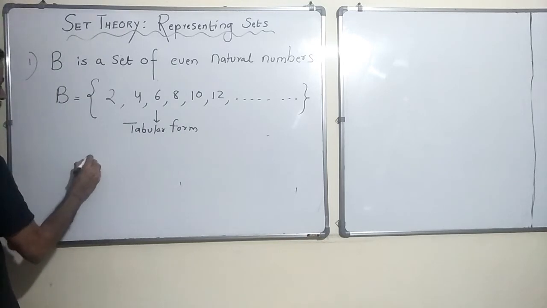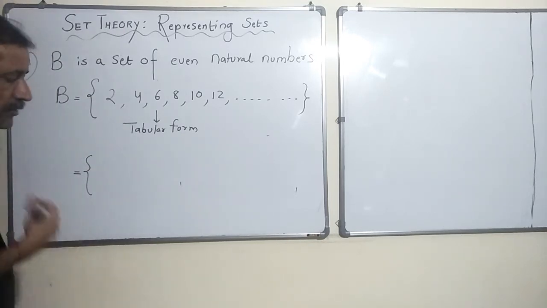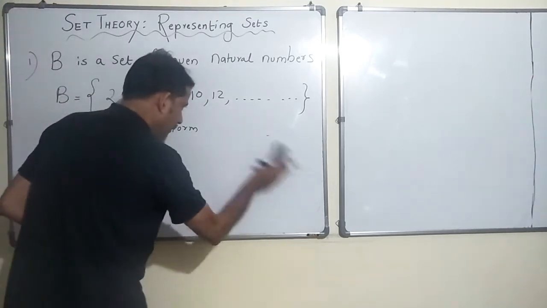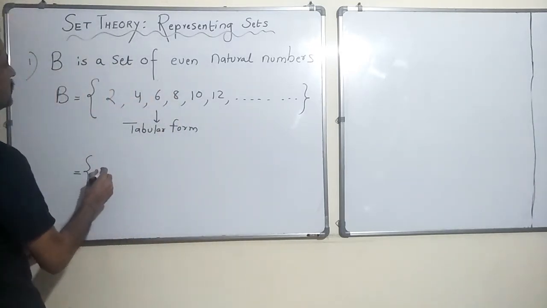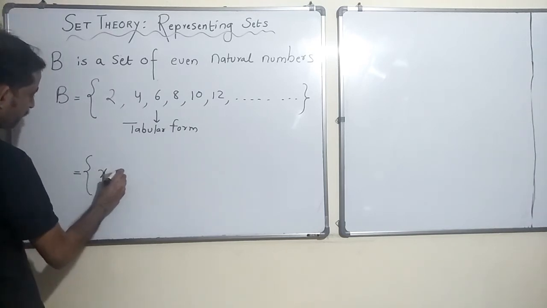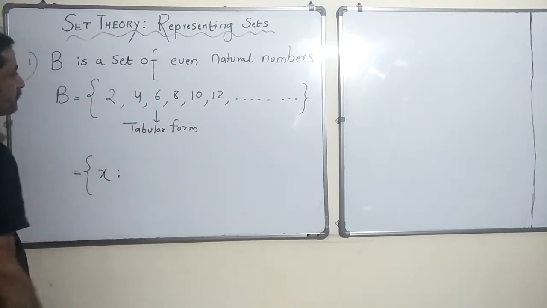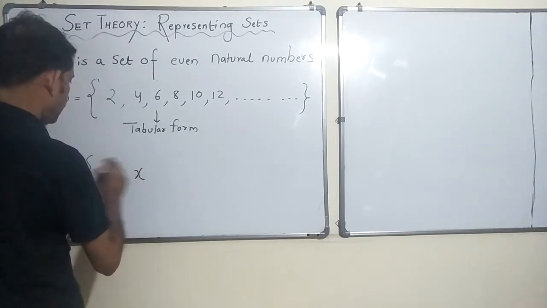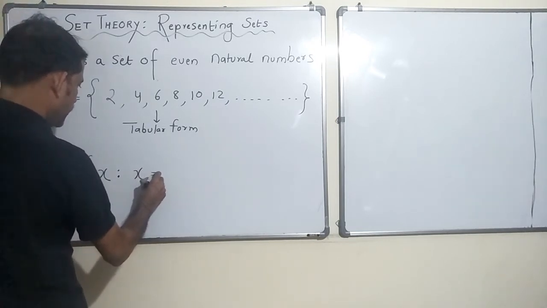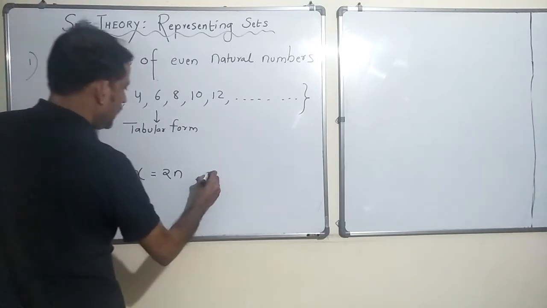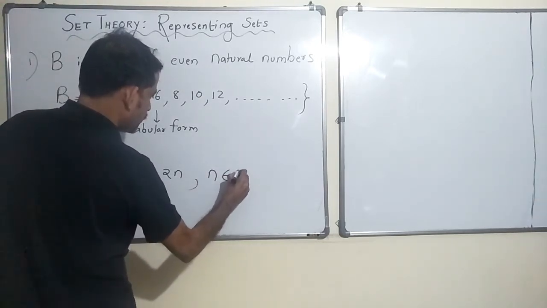How about, can you try writing it in the rule method, the set builder form? If you have tried already, let me also try and show you. B is a set of X such that X is equal to 2n and n is a natural number.